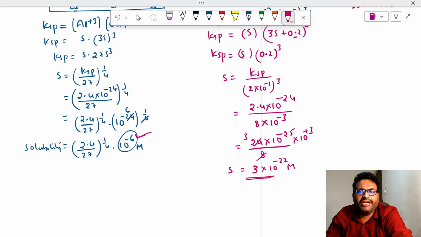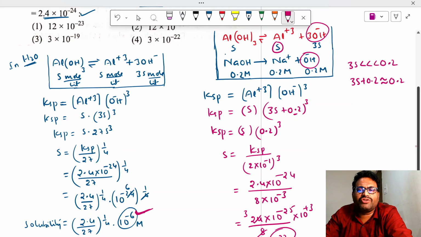So has the solubility decreased or increased? It was in the range of 10 power minus 6, and now it is in the range of 10 power minus 22. Due to the common ion effect, the solubility has decreased again. Who is the common ion here? OH minus ion is the common ion.